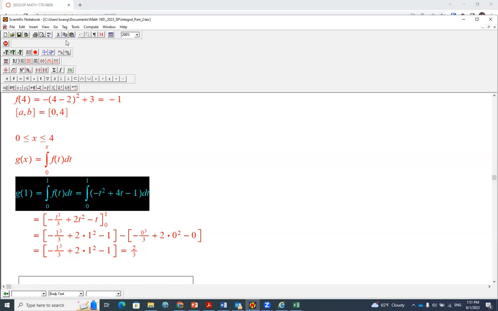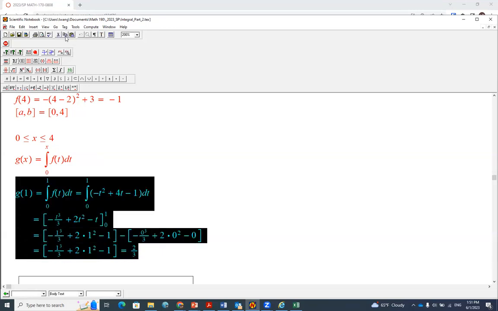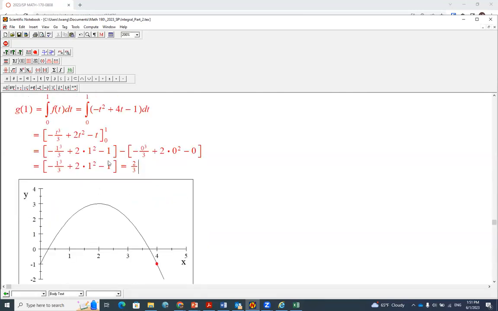You can do other numbers. Of course, you can repeat this process for any value. Say, I'm going to choose 1.2. Why not 1.2? You don't only choose the integers or the nice and neat numbers, you can choose other numbers.